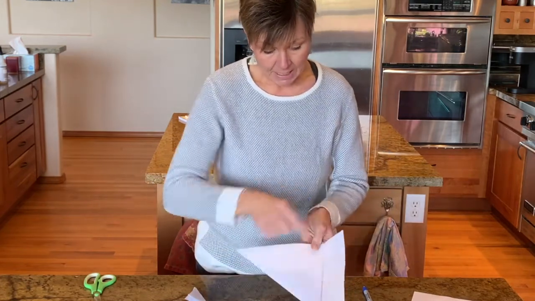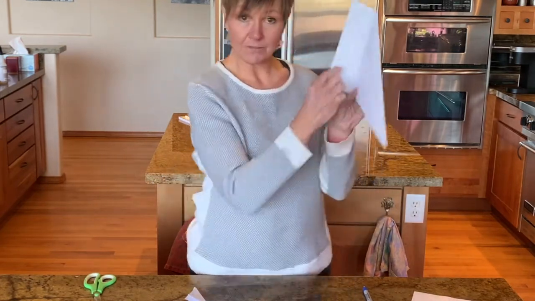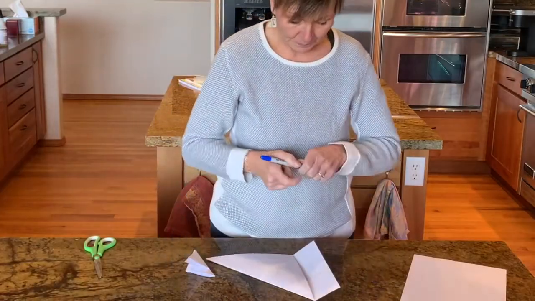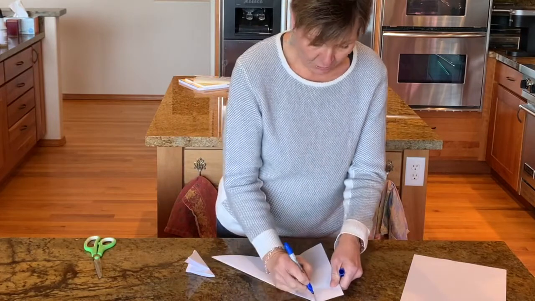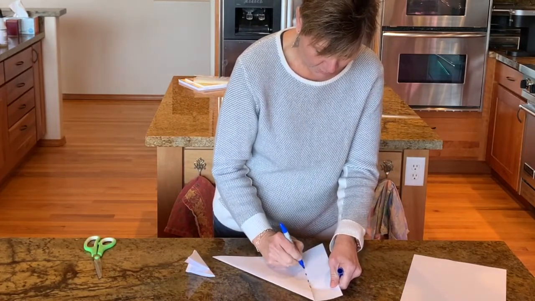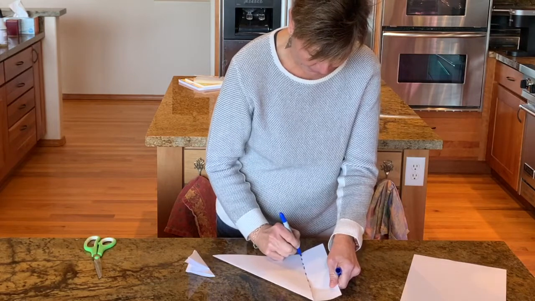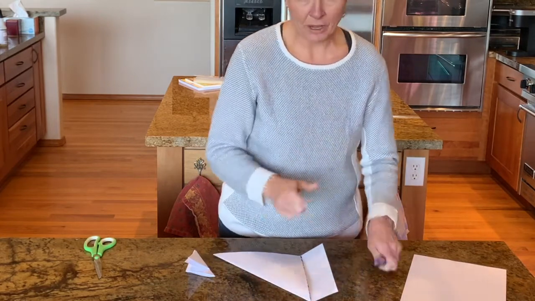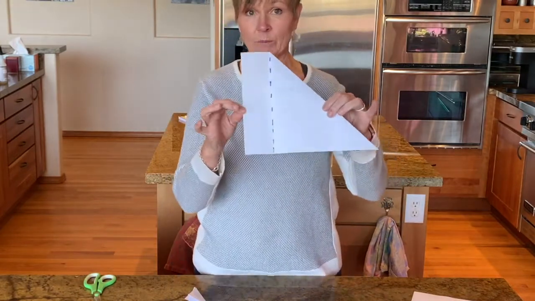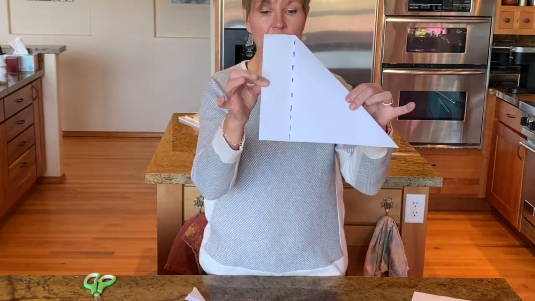Okay, and this part of the paper we don't need. If you want to, you can even put little cut marks so you know exactly for sure where you need to cut, because that's important for our snowflake to turn out. We don't want to cut it in the wrong place, okay?